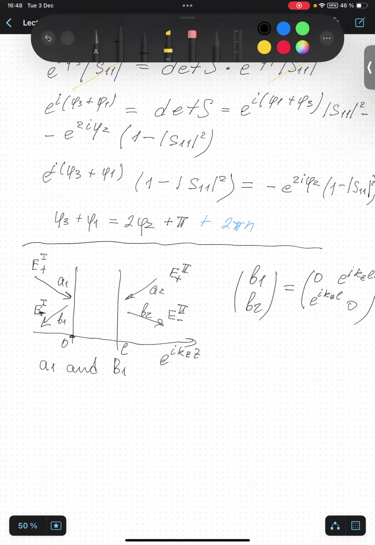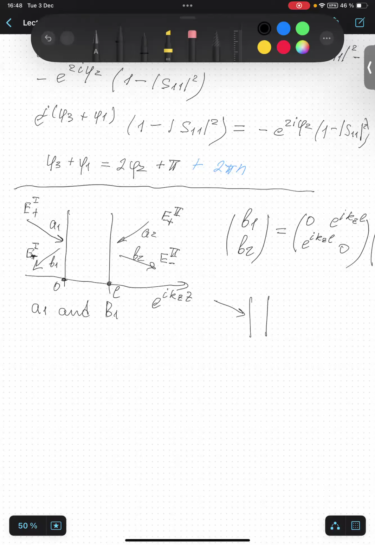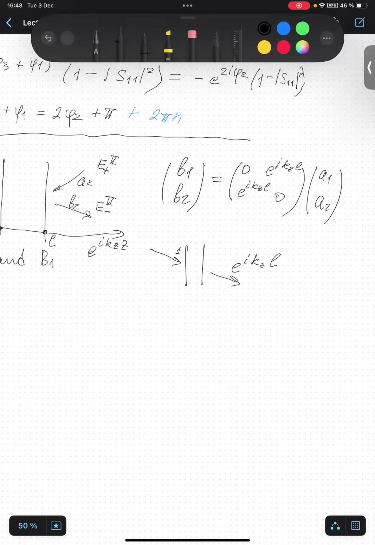So at this point it is 0, and at this point it is L. So the wave traveling from this direction to this direction will have here 1, because the exponent is 0, and here it will obtain phase k_z L. So this is our S matrix for empty space.